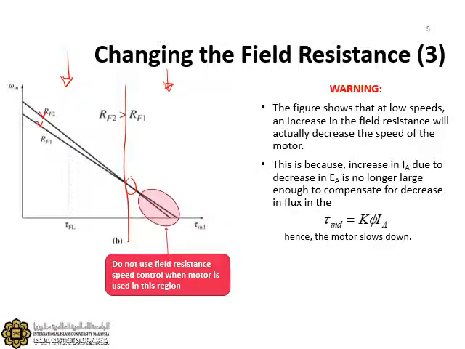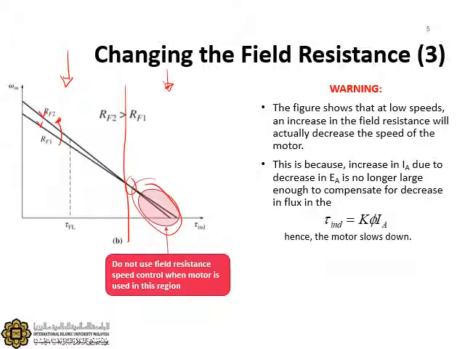Okay, on the left hand side, when the RF is increased, the outcome is that the omega m, or the speed of the motor, is larger. The motor becomes faster. However, on the right hand side, this region is the opposite.